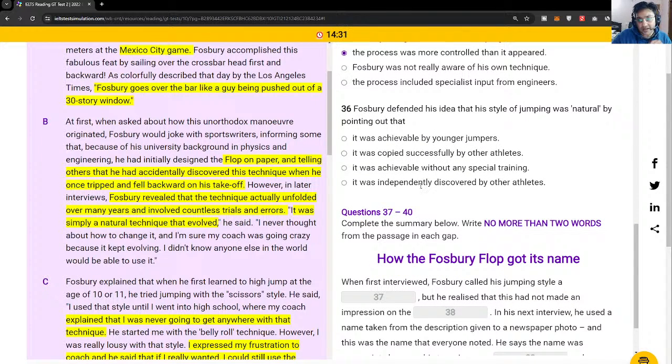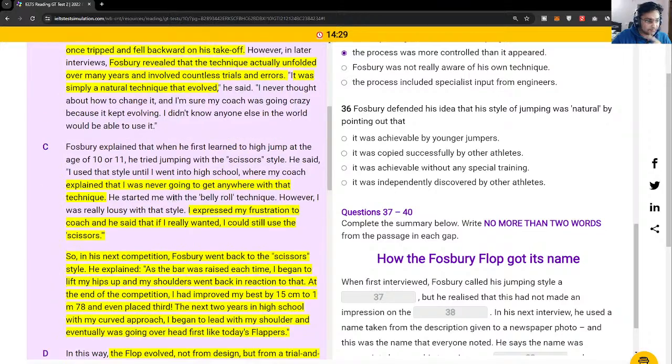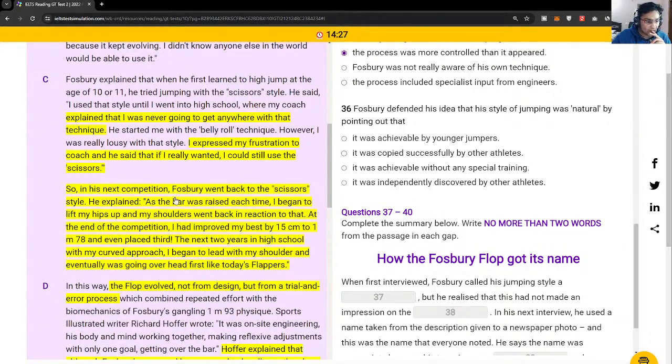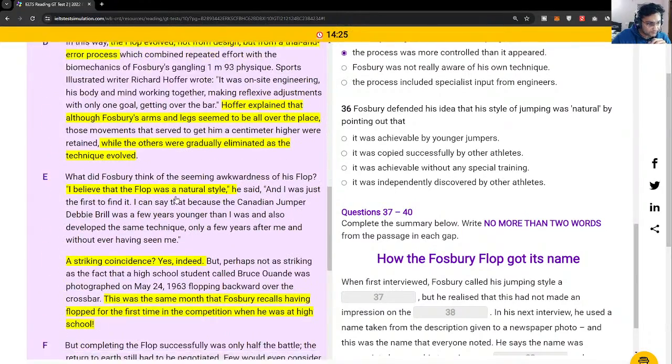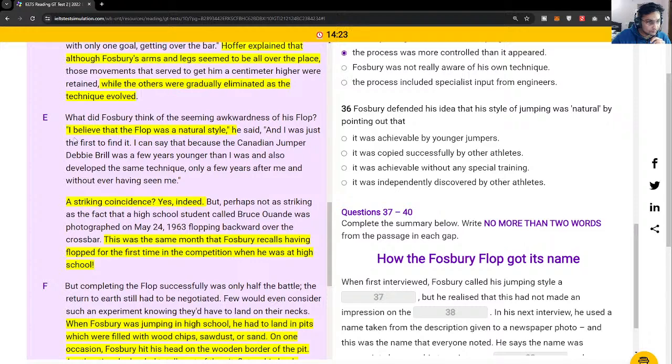It was independently discovered by other athletes. Where is it? Only a few years after me, without ever having seen me. Striking coincidence?